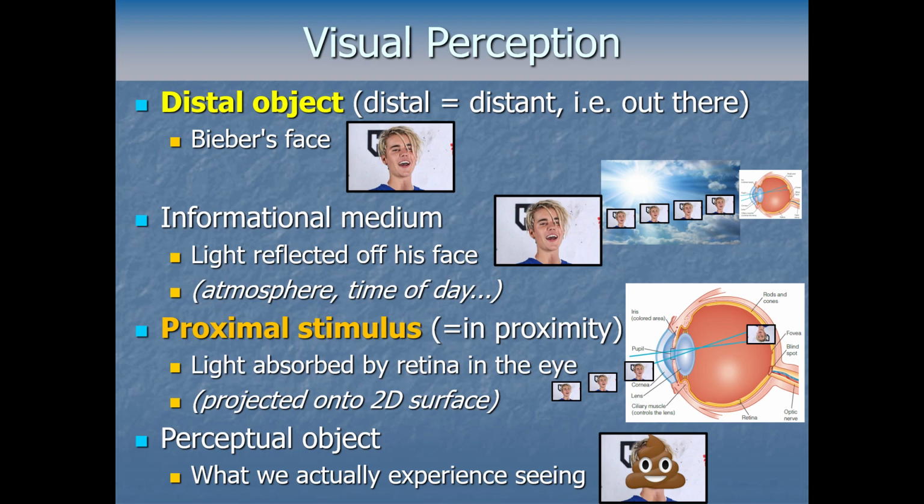And what we experience, that's called the perceptual object. It's, like, this is what I'm seeing. But that's after being processed a lot in my brain, right? And it might at that point be quite different from the actual distal object out there in the world, based on my past experiences, my associations, how I feel about the thing I'm seeing, stuff like that. So two people can look at the exact same object and have a very different visual experience, a different perception.